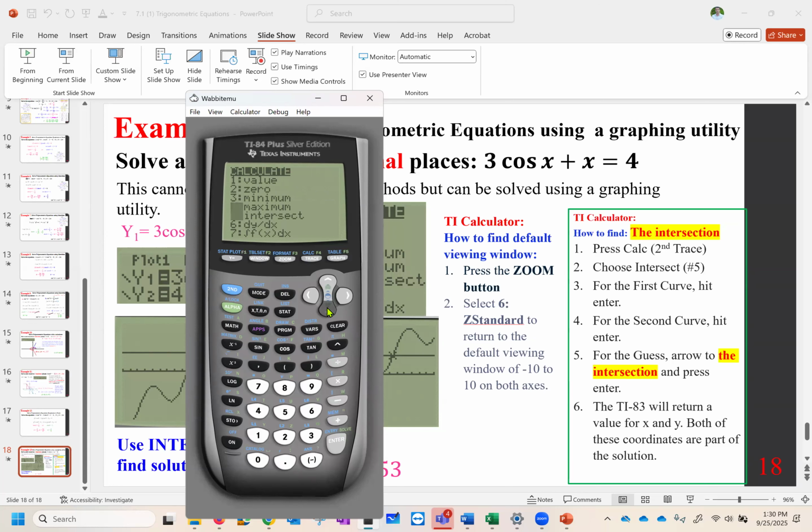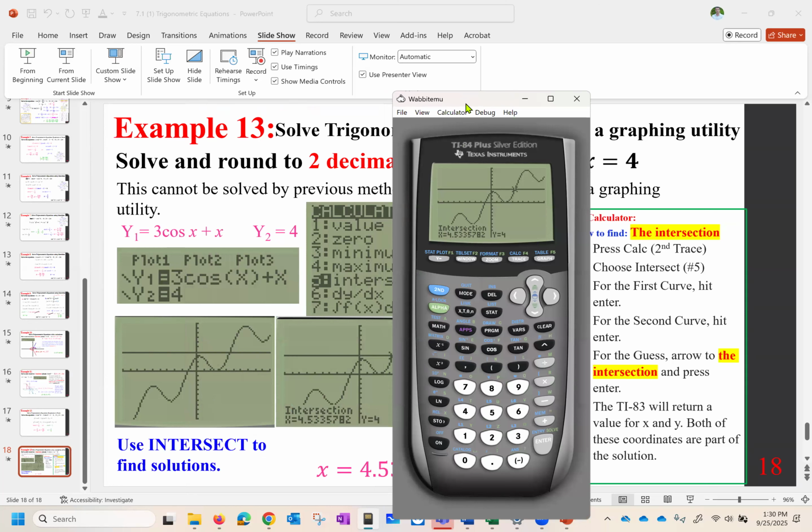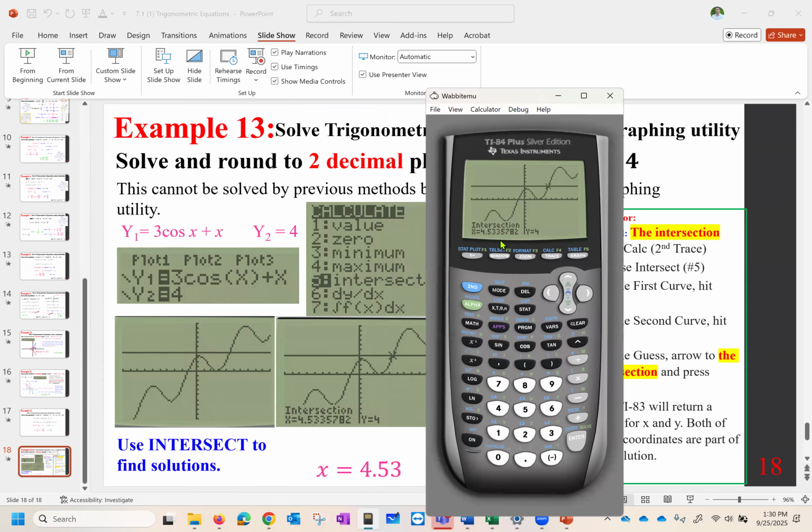We bring it down to intersection. Enter, enter, and then bring it down closer to the intersection, and it gives you the answer that we had here. X equals 4.533578, and we are going with 2 decimals. That's how you use the graphing calculator, if need be.